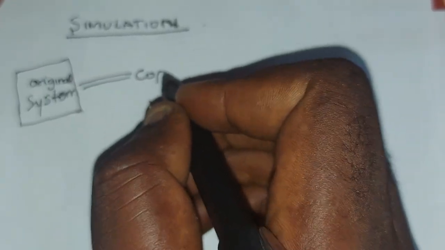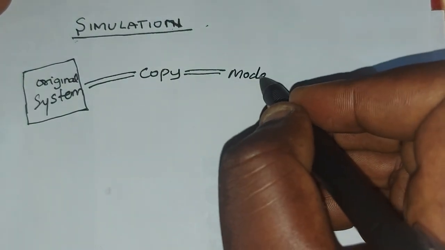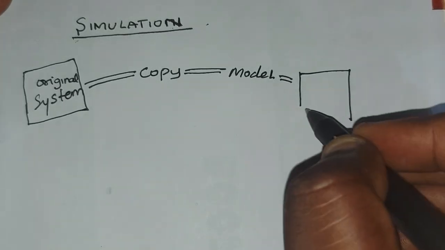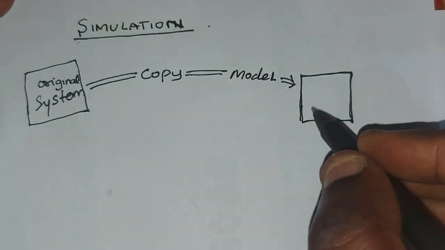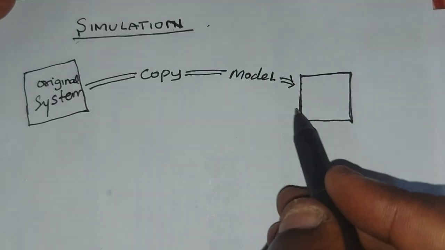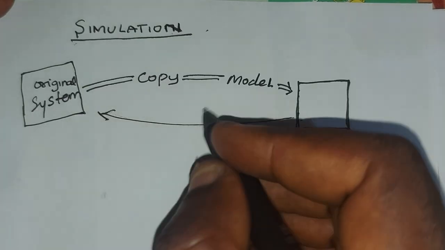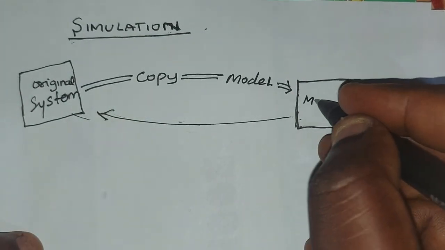And you decide to copy the system using a model, using a mathematical model, to carry out an experiment, to duplicate the original. So this is a model.